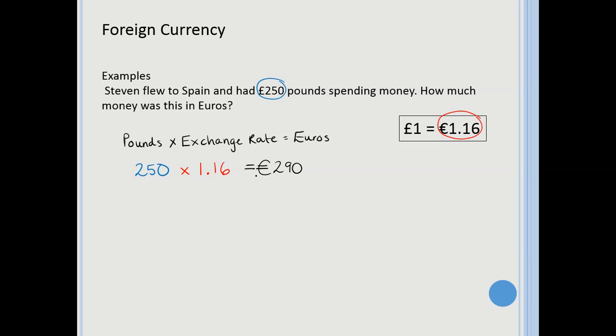And that's all we're looking for: the pounds multiplied by the exchange rate in your calculator, and make sure you put in the symbol for the money. You could also write 290 euros. I'll accept either or.